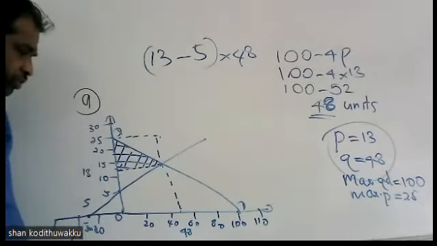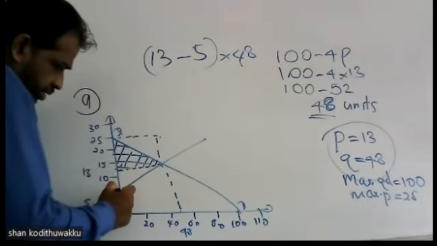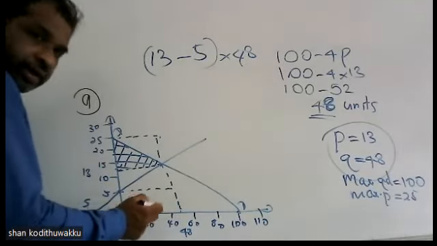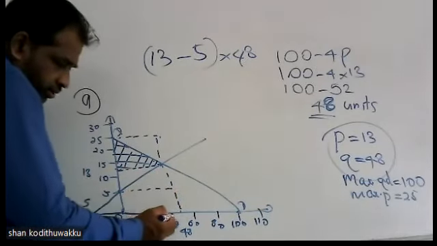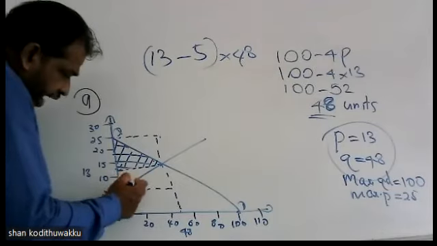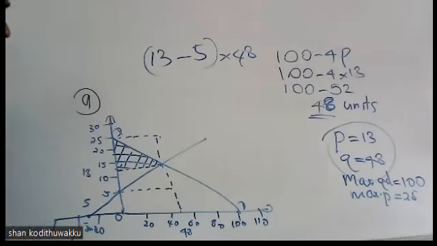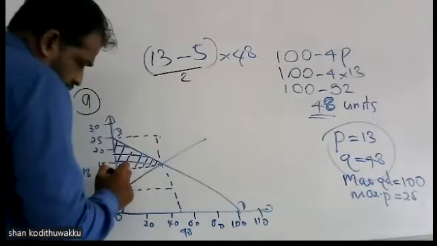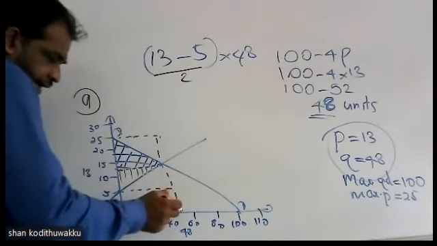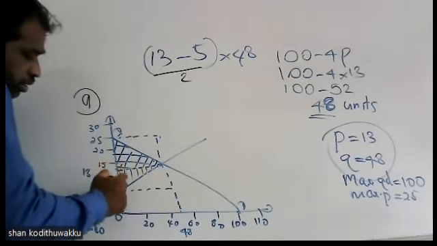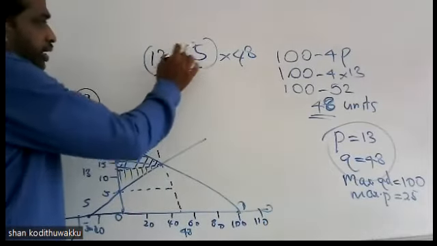But here also we take the triangle, but when you take the width of the full rectangle, it's 48, but we take half of the rectangle as the triangle's area. Therefore, we have to divide this by 2 because we take only this area. But we take the width of the full rectangle, that is this area, right? Therefore, we divide by 2.